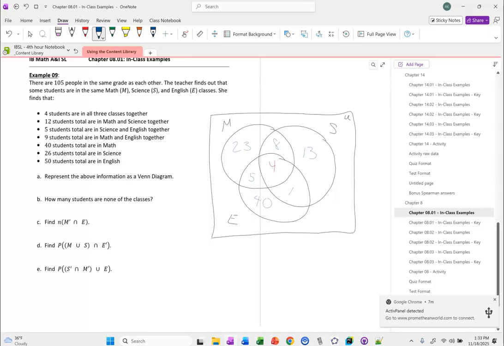Hmm? 11 on the outside, that seems unlikely to me. 116, 104, 99, 90, 94, no. So I think 11. Yeah. Because how much should it all add up to? 105. 105.